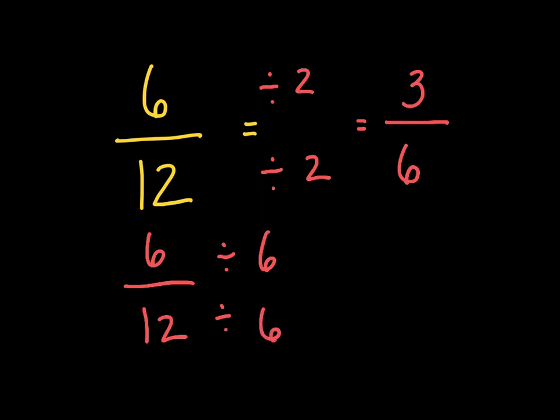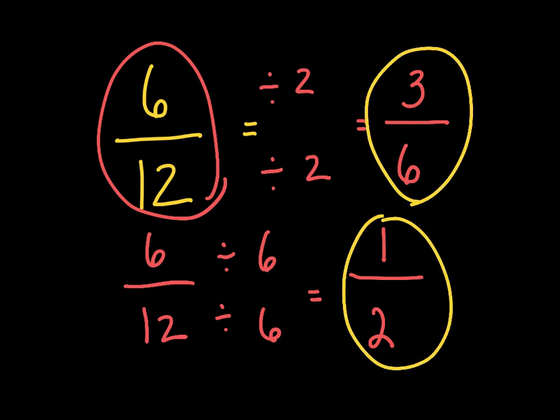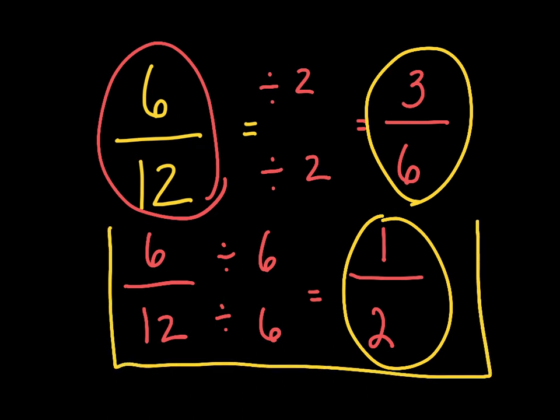And I'm going to divide by 6. So the numerator becomes 1, and the denominator becomes 2. So 6/12, 3/6, and 1/2, guys, they are all equivalent fractions. And in this case, this section right here, that is how you would simplify, because we use the largest number to divide the numerator and the denominator.